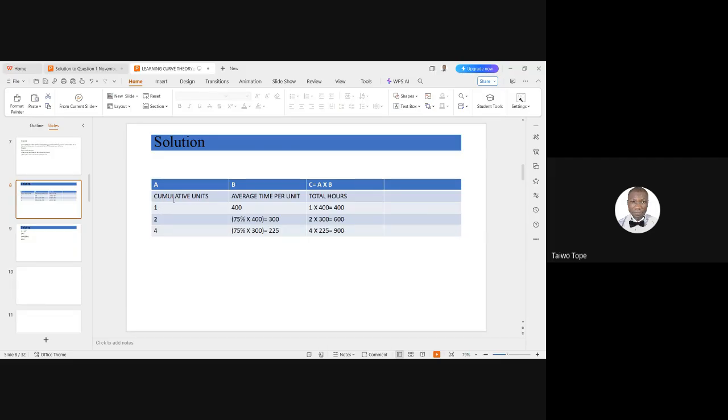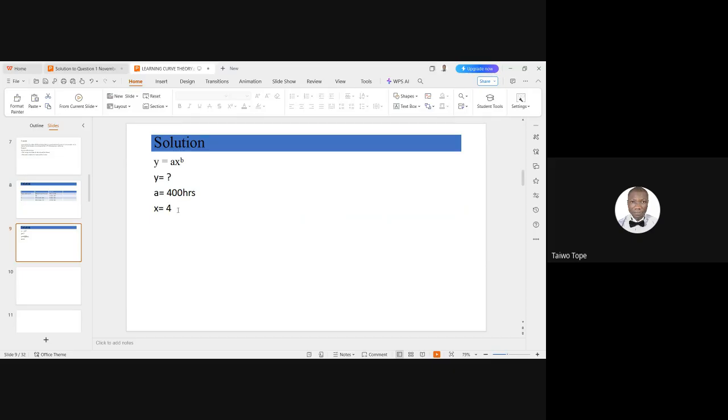1 plus 1 is 2. So the doubling effect, we can say it this way: 2 times 1 is 2, 2 times 2 is 4. But if I add another column, I can say 1 plus 1 is 2, 2 plus 2 is 4. So that will give us this cumulative here, which is 4.